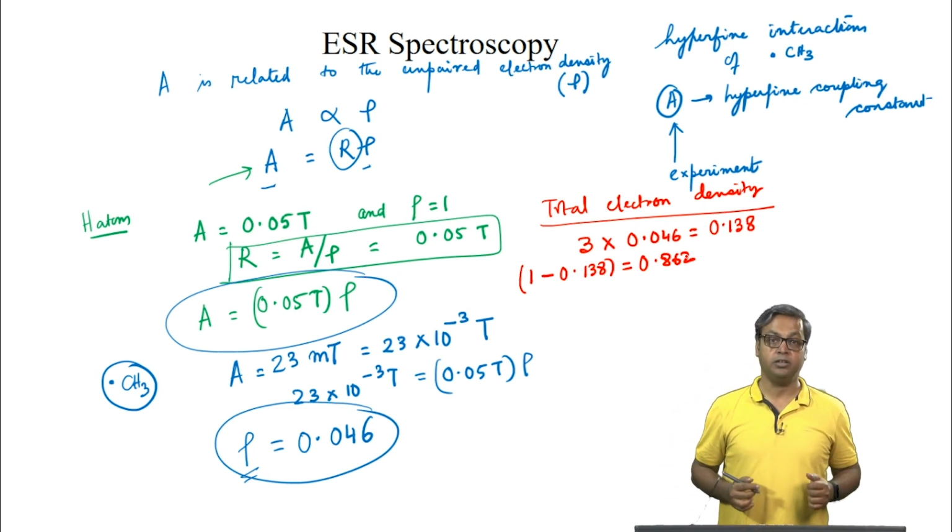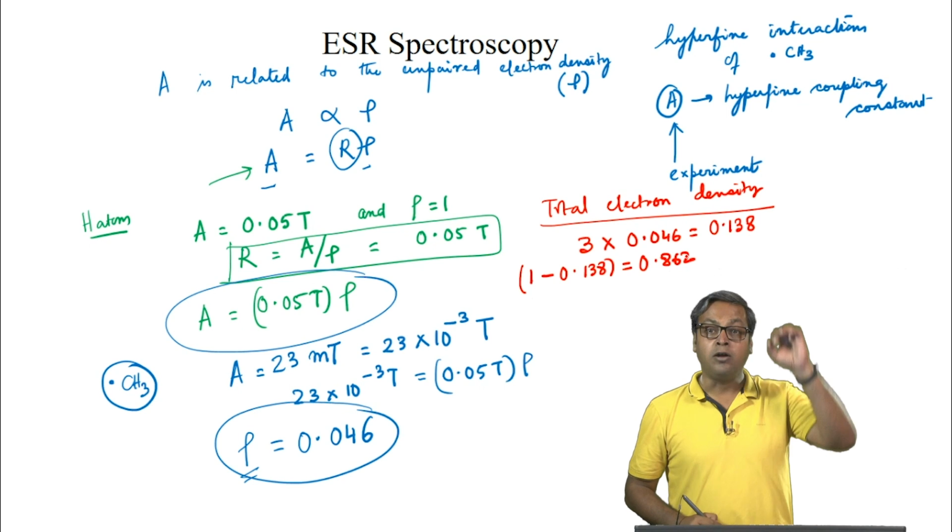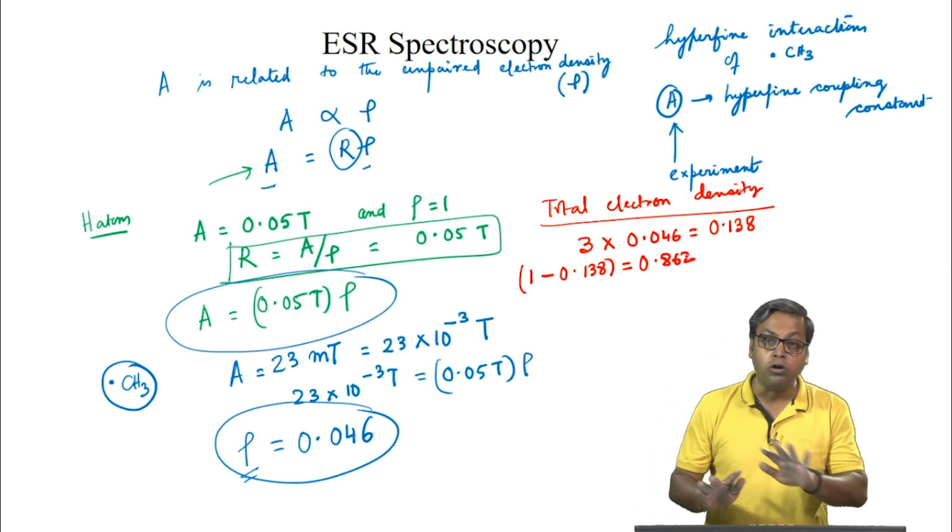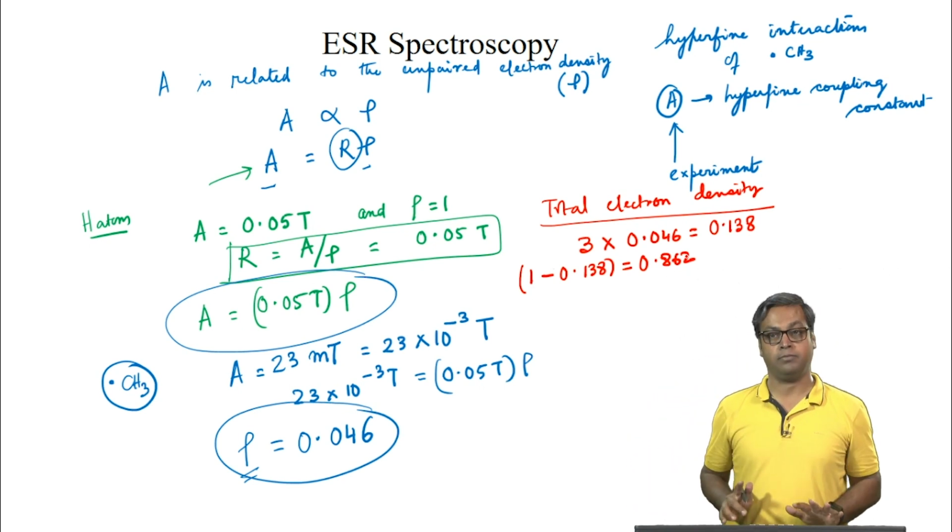So, what does this mean? This means that the unpaired electron is not localized on the carbon atom.